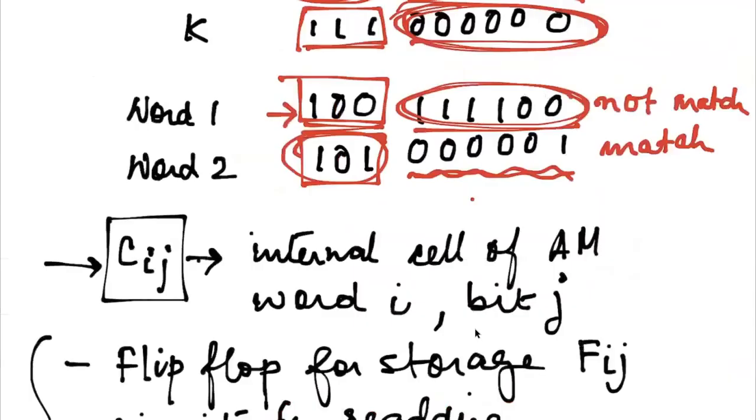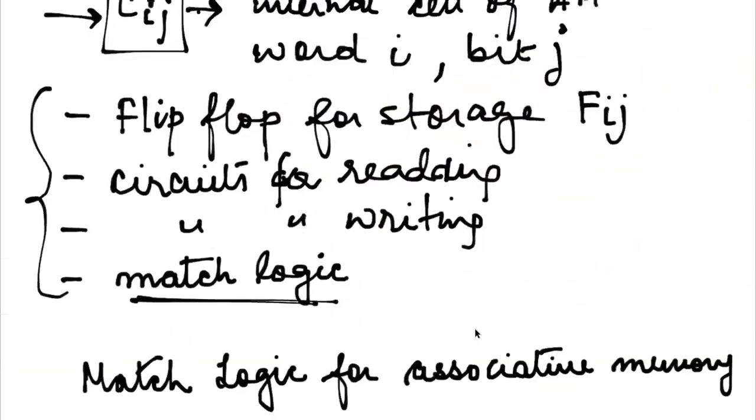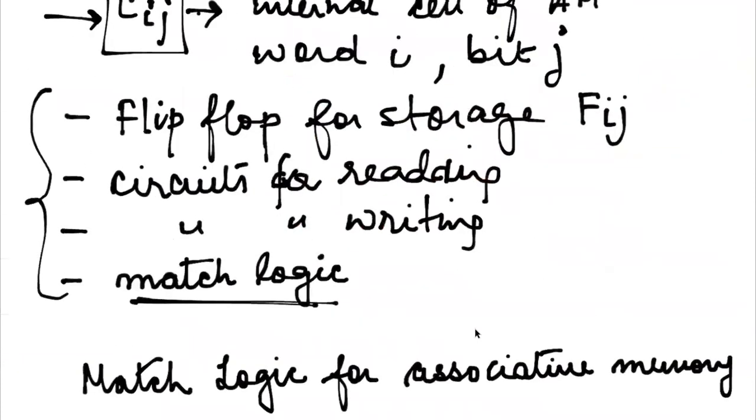Now, as I have mentioned before, each cell uses a flip-flop Fij for storage. So Fij refers to the content of the cell. With this information, let us look at what is there in the match logic.